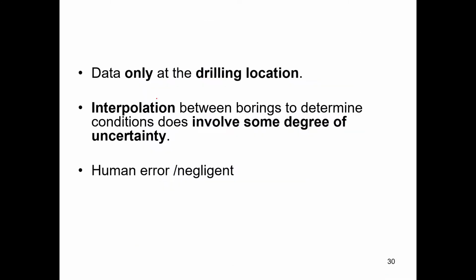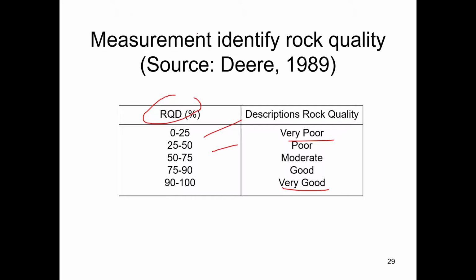In terms of measurement of RQD, this is what we call the direct method. We have another technique, which we call the indirect technique, to measure the RQD. We will discuss this when we get to rock mass classification.